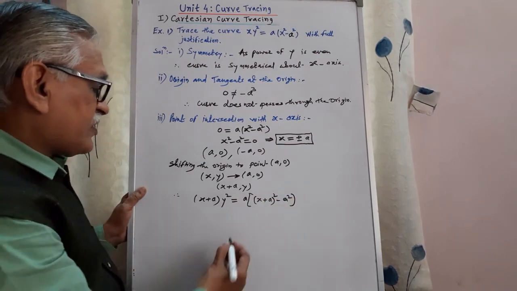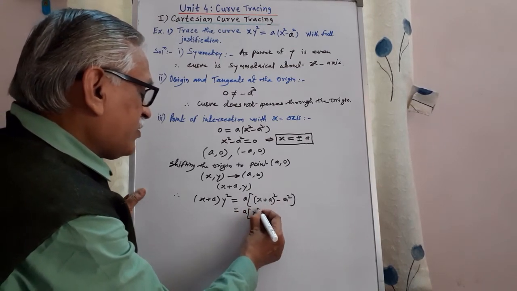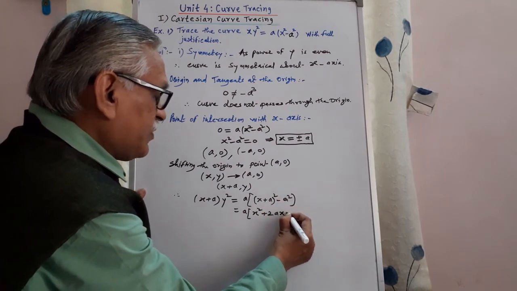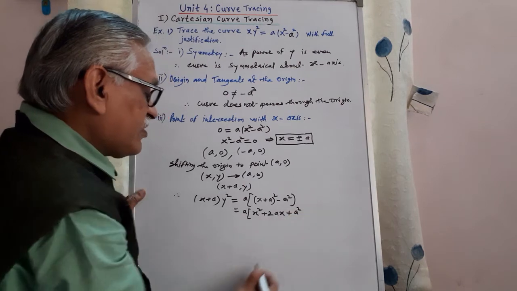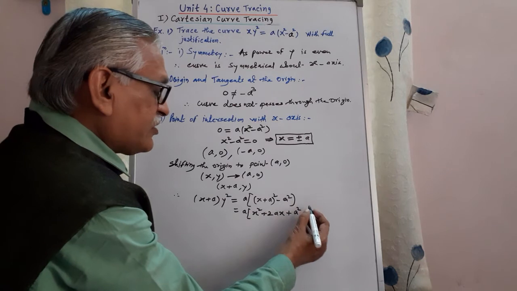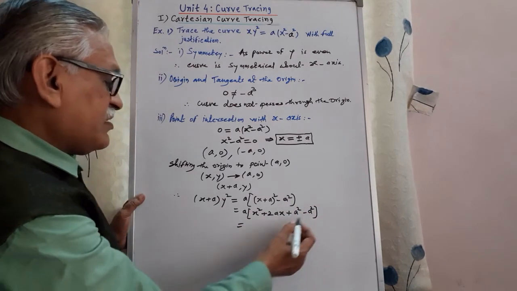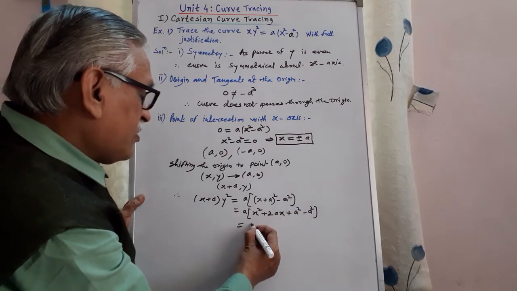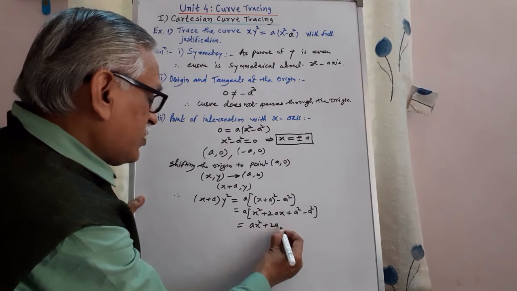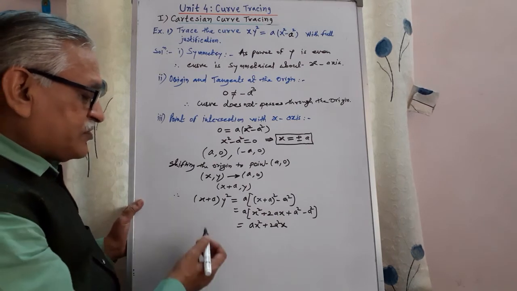Simplifying it, expanding this, we get x square plus 2ax plus a square, and this minus a square gets cancelled, and therefore we have a into x cube plus 2a square x, and then determine the lowest degree term or terms.